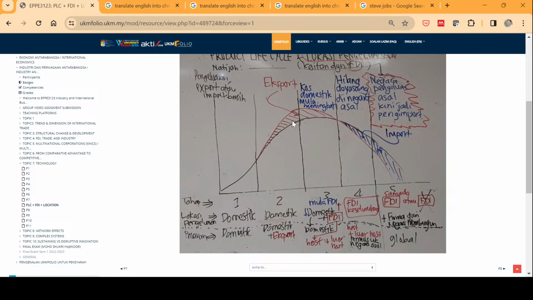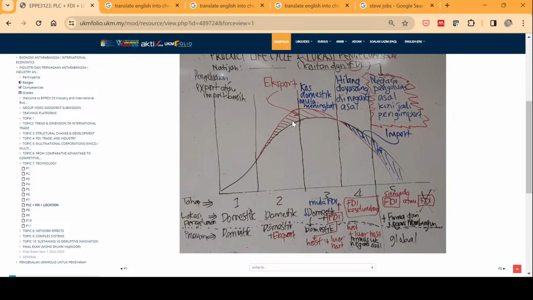So 2 locations, domestic and overseas, through FDI. Where is the market? Still serving the domestic market, plus serving the market in the host country, the country that the American company went to for FDI. We call it the host country, and also outside of the host country.